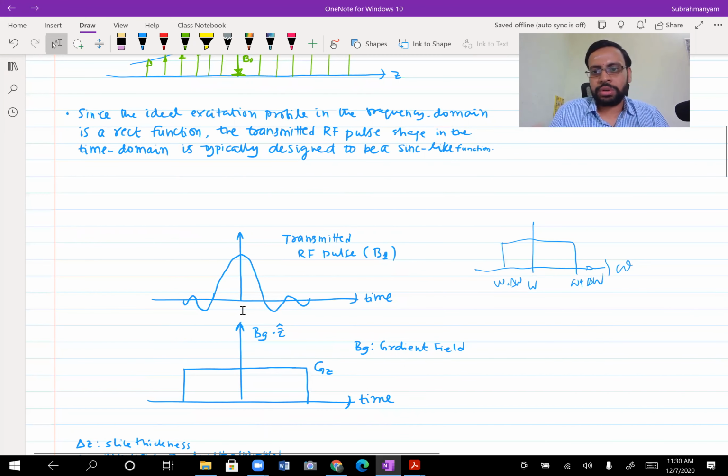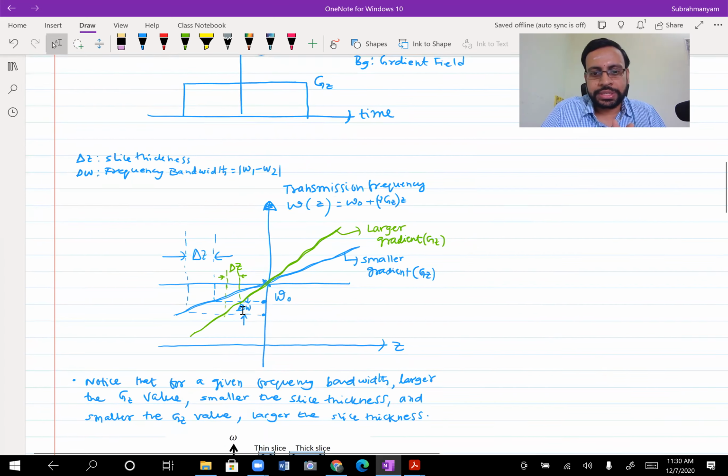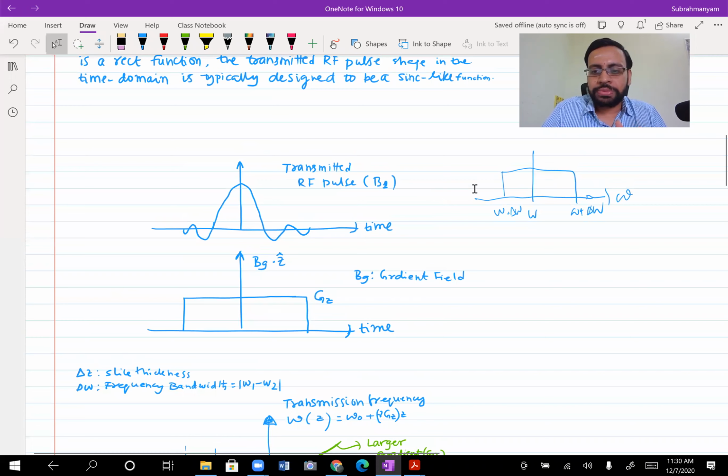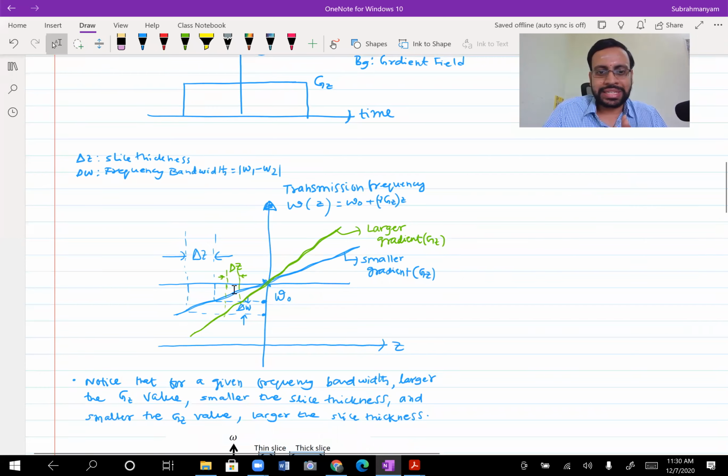See, now another thing we are going to consider here is usually what you refer to as the bandwidth, the frequency bandwidth. That usually is fixed. Within this bandwidth you would be considering the values. That's a fixed thing for a given MR scanner.